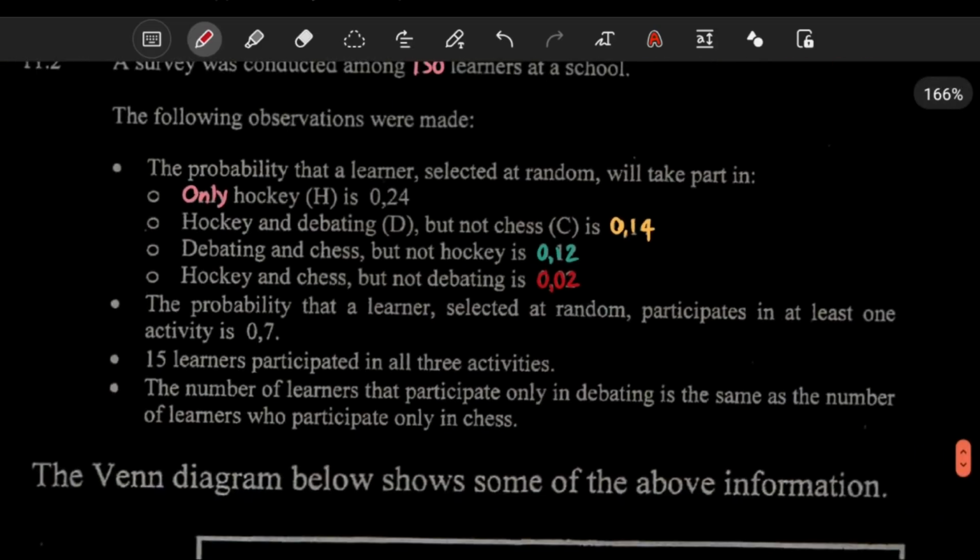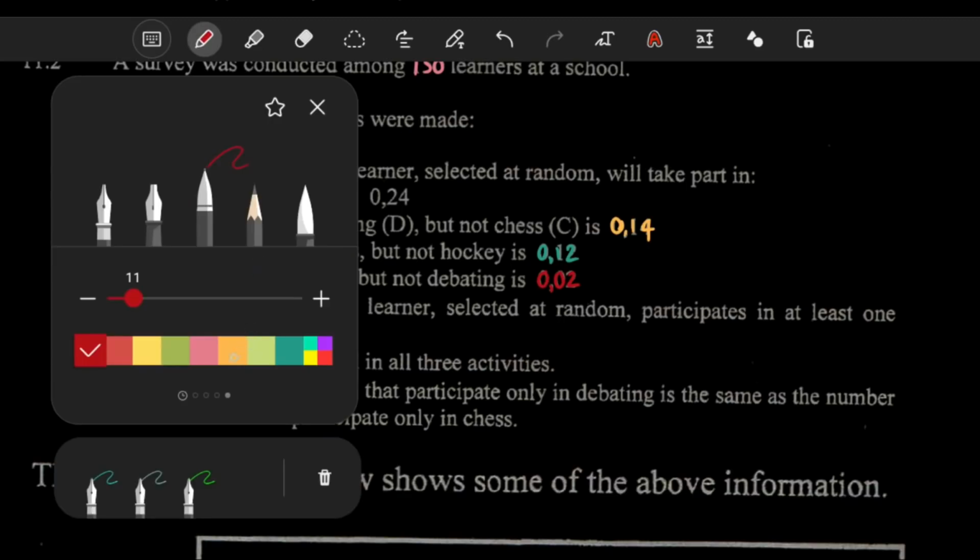And then here it says the probability that a learner selected at random participates in at least one activity is 0.7. So let's analyze this here because this is super important.